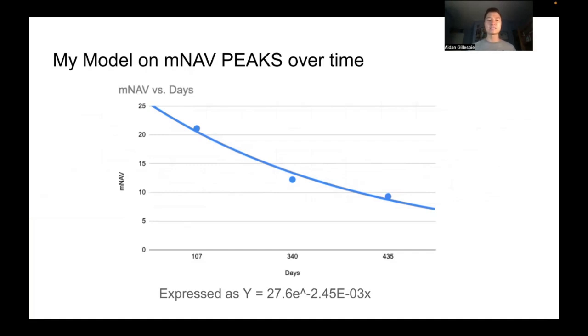And then based on this model, I was able to create an equation for this line, and it can be expressed as y equals 27.6 e raised to a super small number times x. So I'll be using that equation to help me calculate the share price of Metaplanet at that fourth peak that I'm expecting the MNAV will get to.